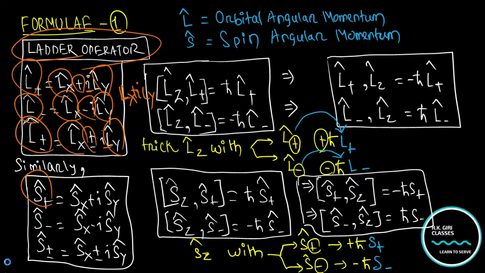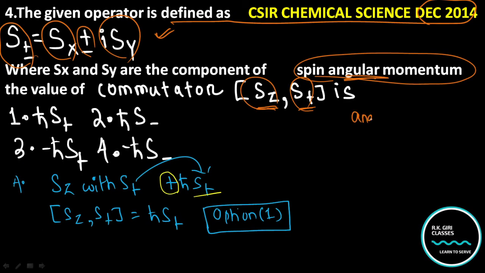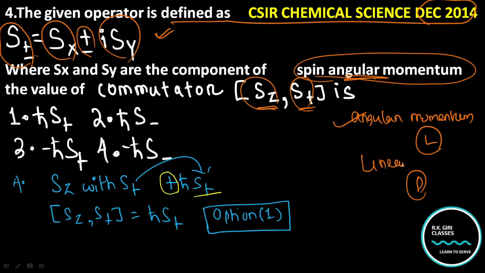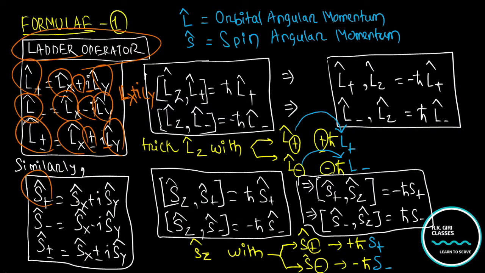So this is normal angular momentum. What is this angular momentum? That is represented by the symbol L, right? This is your L, and that is P, that is linear momentum. Don't get confused with this. Okay, now coming to the point, that is S plus, S minus, and S plus minus. Similarly you can do it like this.